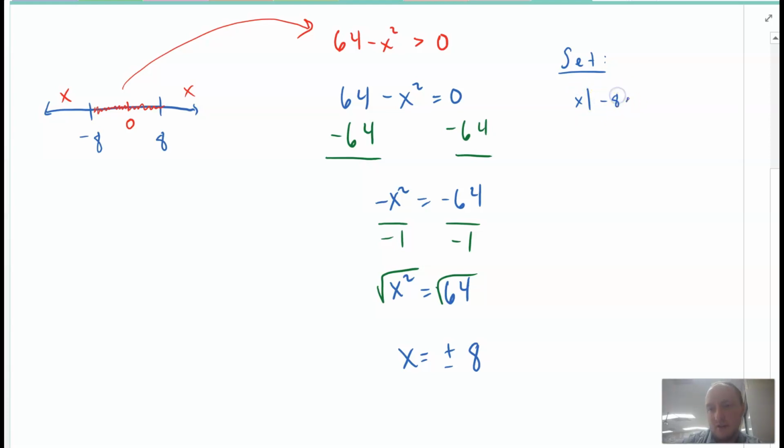So negative 8 is less than x, which is less than positive 8. Okay, and in interval notation, that would be negative 8 to 8. Again, parentheses, right? We're not including the 8s. They produce an argument where it is 0.